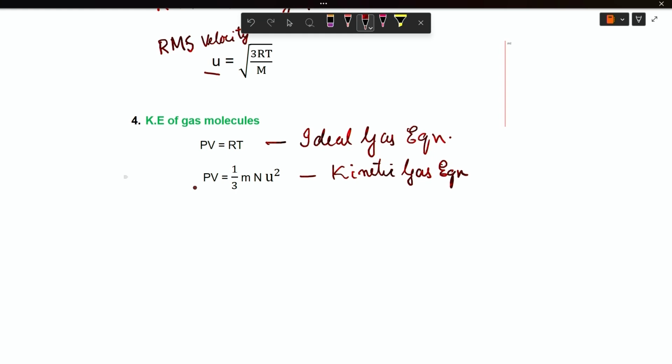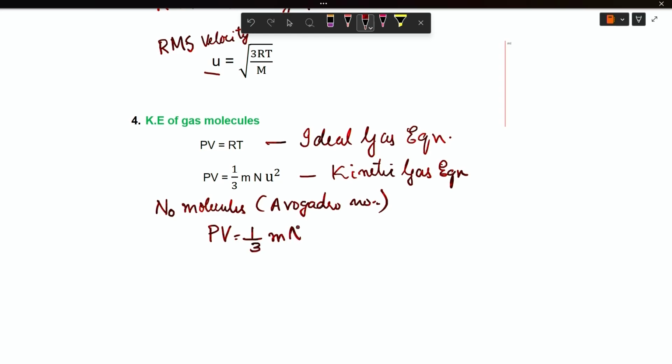Now, this kinetic gas equation again I am going to consider for N0 molecules. N0 molecules means Avogadro number. So, I can put this as PV is equal to 1 by 3 m N0 u square.